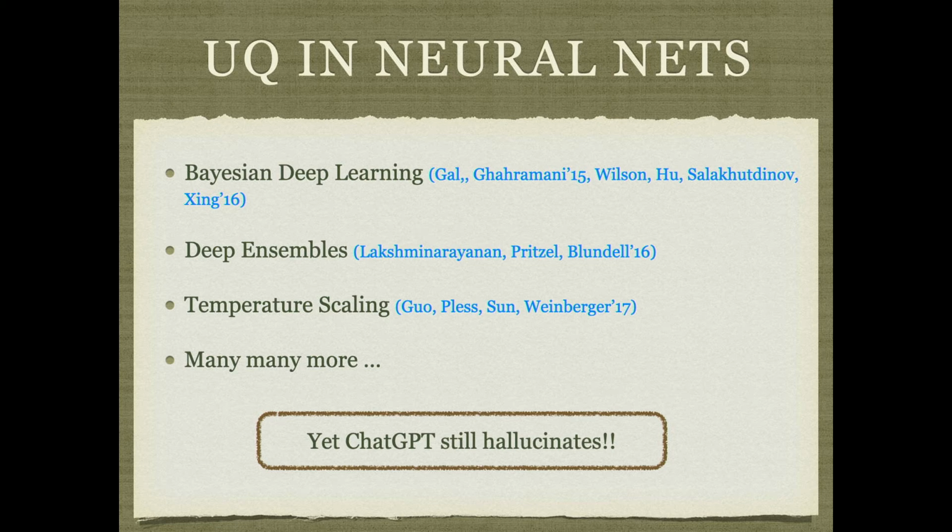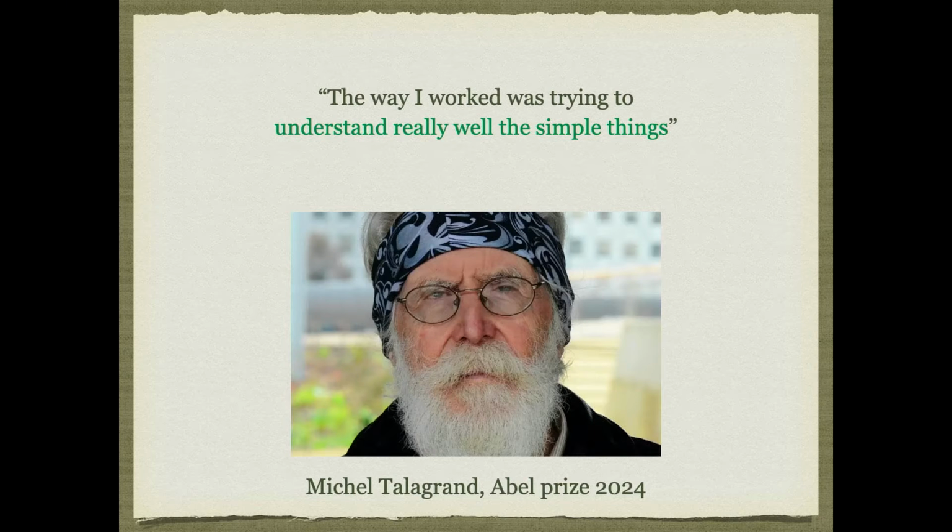So this is complicated. Many people thought about it, so now I go back to my theoretician mind, and I use here an event from last week. Those of you who follow mathematics know that the Abel Prize was awarded last week to Michel Talagrand, who also happens to be one of the people who proved a lot of the things from the field of statistical physics, where statistical physics predicted it, so we were all happy.